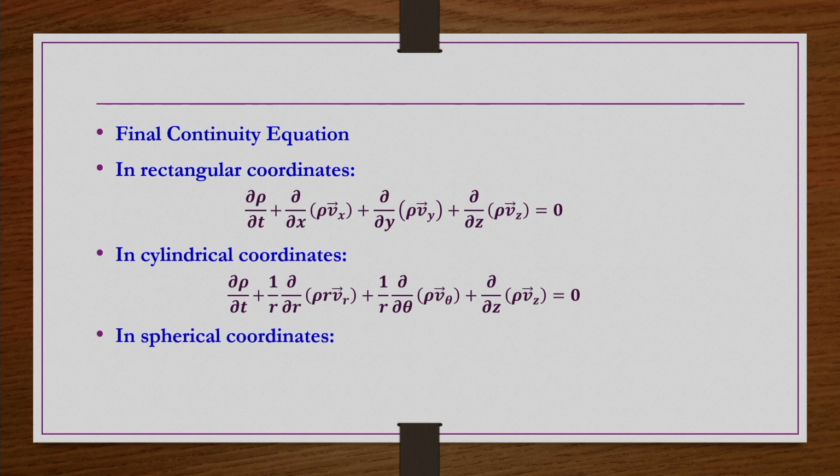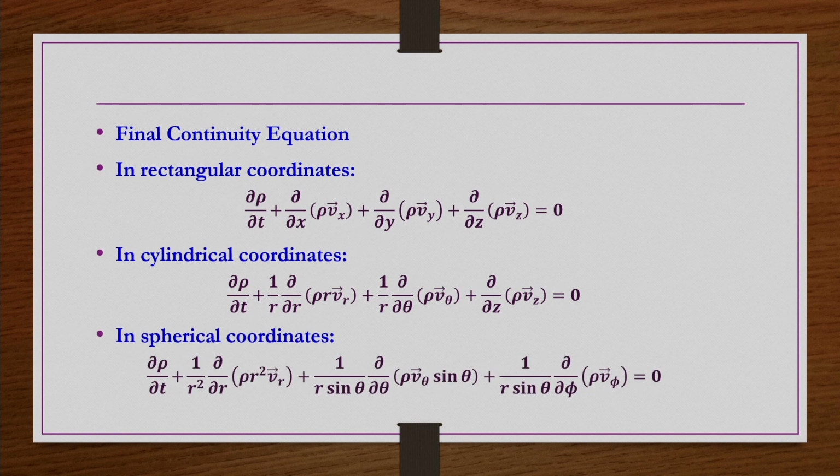In spherical coordinates, if you do, you get ∂ρ/∂t plus 1/r² ∂/∂r of (ρ r² v_r) plus 1/(r sin θ) ∂/∂θ (ρ v_θ sin θ) plus 1/(r sin θ) ∂/∂φ of (ρ v_φ) is equal to 0. Okay.